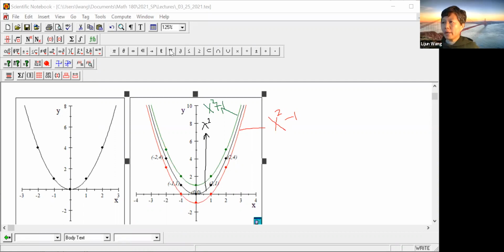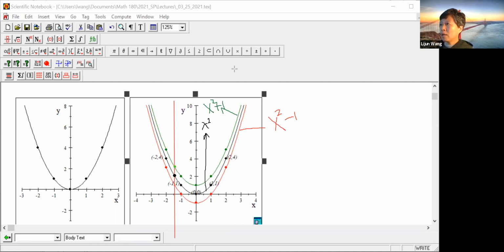If you draw a horizontal line arbitrarily, suppose I draw this horizontal line. This point is on the x squared. Another point is on the green.